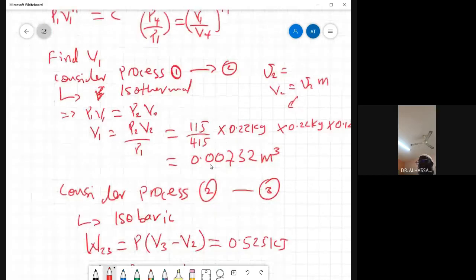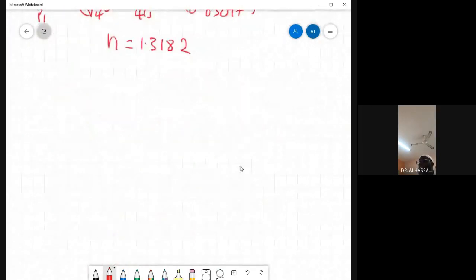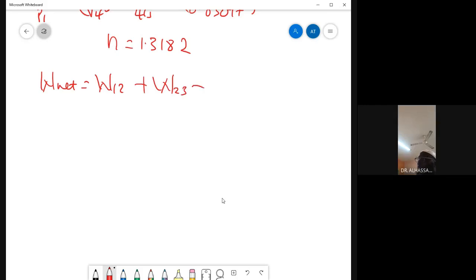So now the question goes on to say, let's see what the question tells again. We want to determine the value for N already, then the network of the cycle. So network, I've told you again, W net equals W12 plus W23 plus W34 plus W41.